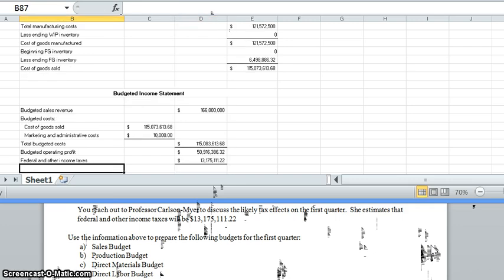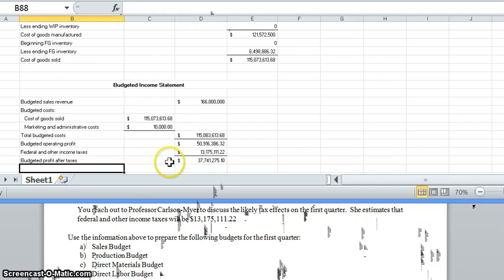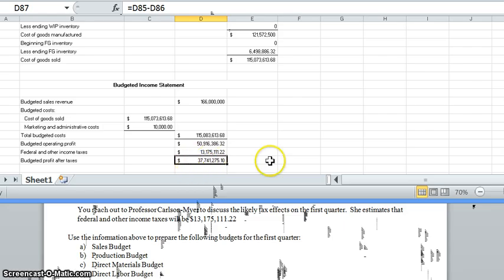And that leaves us with our budgeted profit after taxes. So really, Jeremy is looking at a pretty successful first quarter if everything goes to plan: $37,741,275.10.